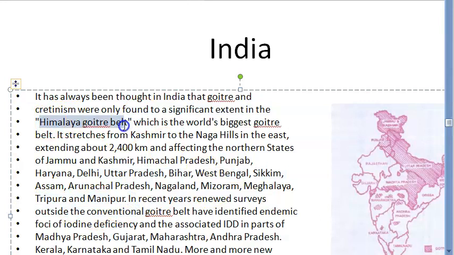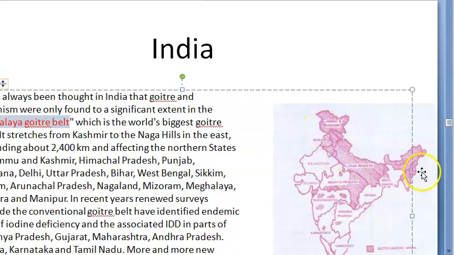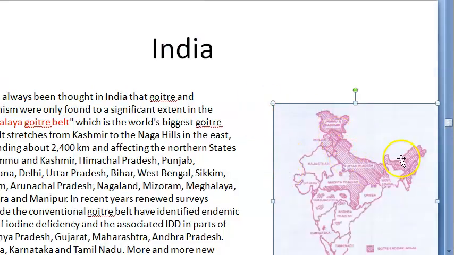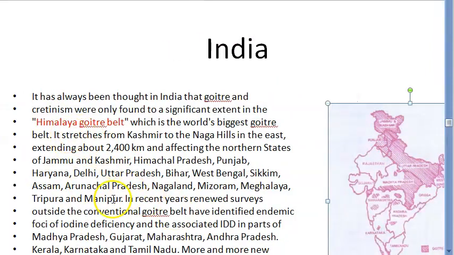So if they ask you in exam, Himalayan Goiter belt, name all the states that come here. Let's look at this again. See here, goiter endemic areas. Some states are only partly affected, but these states look completely shaded. So that is the Himalayan Goiter belt.